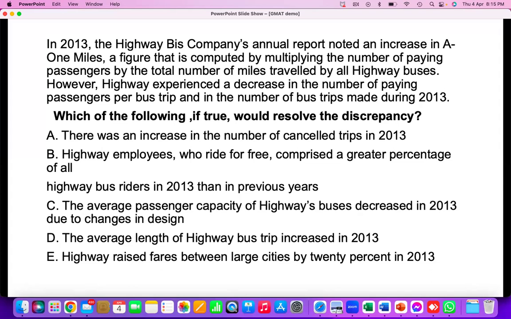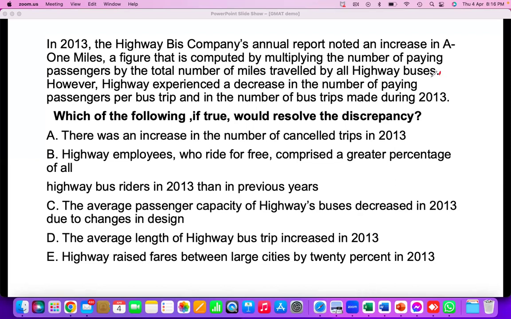What is the premise here? First line, the highway bus company annual report noted an increase in the one mile figures, computed by multiplying the number of paying passengers. Yes, that's the same premise.